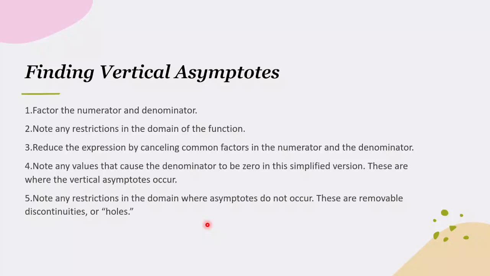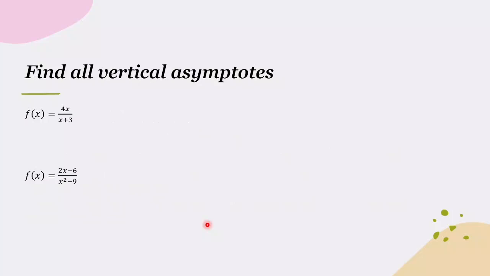After we reduce, then zeros of the denominator are places where our vertical asymptotes occur. If we have restrictions in the domain where asymptotes do not occur, those are actually going to be holes in the graph or removable discontinuities. All right, so again, I think this will be easier for me to explain by showing you an example.